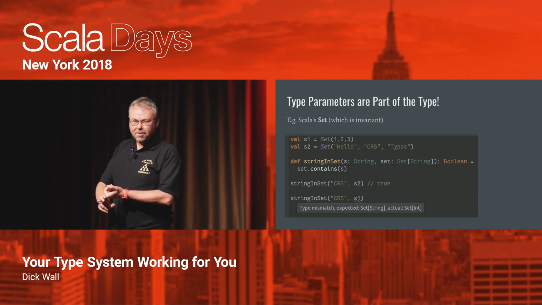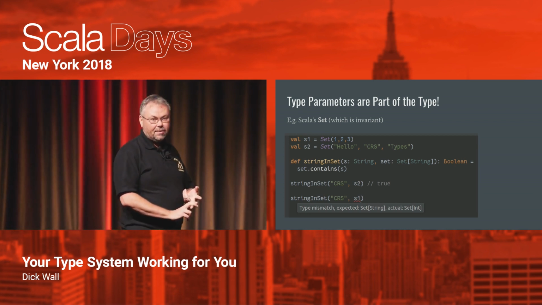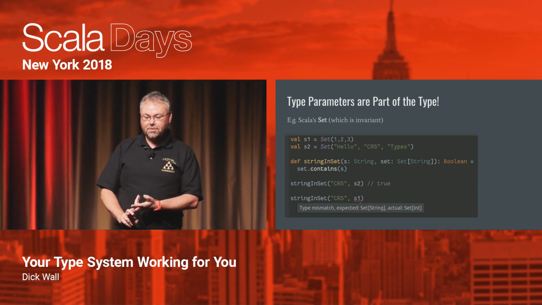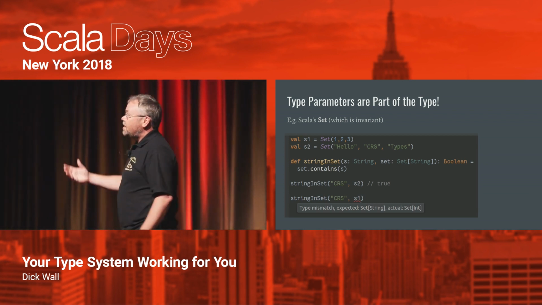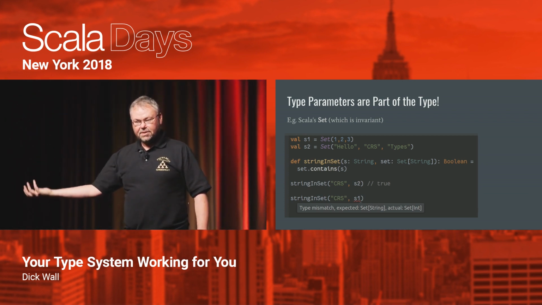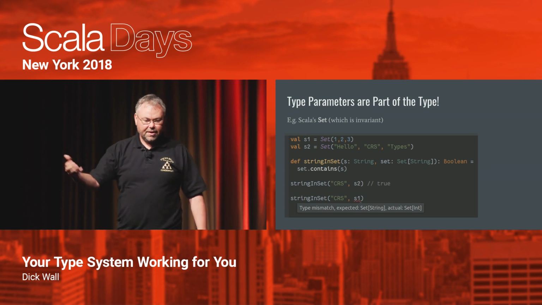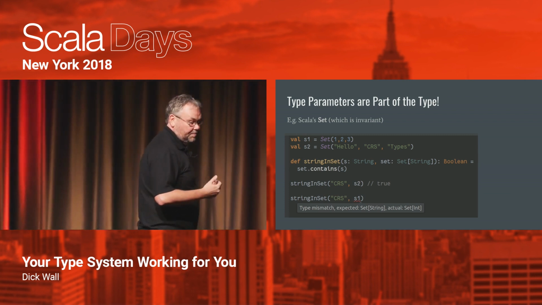Set is a great example because it's invariant. And so if you have a set of int and a set of string, they're two totally different types as far as the Scala compiler is concerned. You can't change them out. You can't use them interchangeably. And with a set, you can't just make a function with a set of any that takes a set of int or a set of string. They're just not related in the Scala type system.